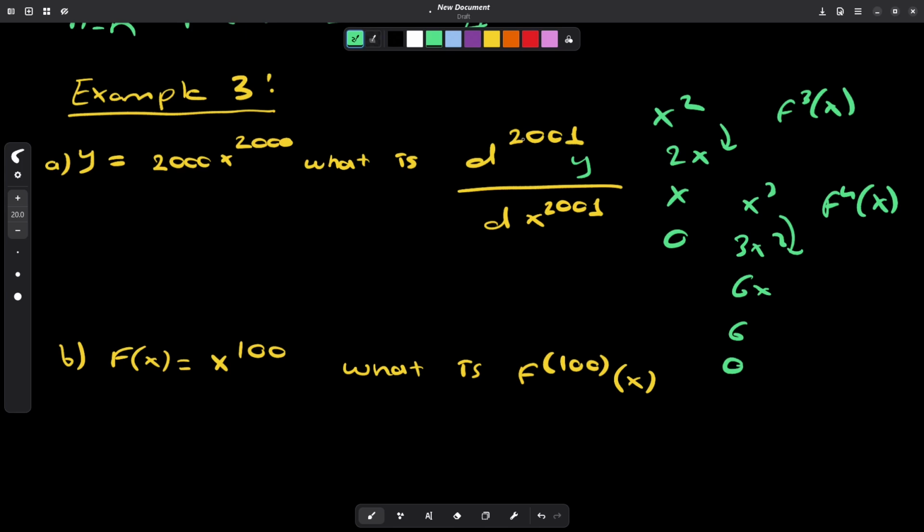If the order of the derivative, the nth derivative, is greater than the power of the function that I'm differentiating, this goes to 0. The derivative is 0. So 2002nd derivative is also 0. 2003rd derivative is also 0. It goes on and on. It's all 0 after 2000.